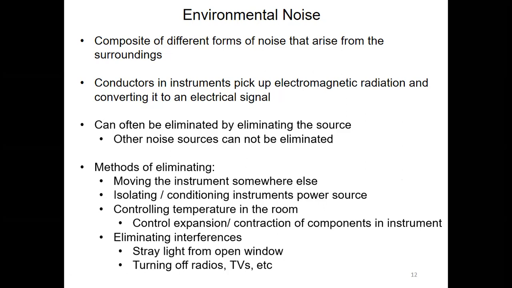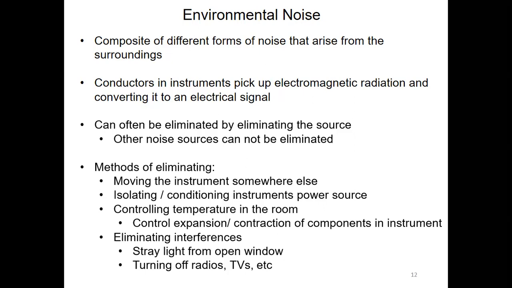And as I said earlier, we can eliminate interferences by turning off radios or TVs, or we can remove these radios and TVs from the instrumental room. And another important thing is stray light or direct sunlight. Most of the cases, when we have direct sunlight on the instrument, it will change the signal.